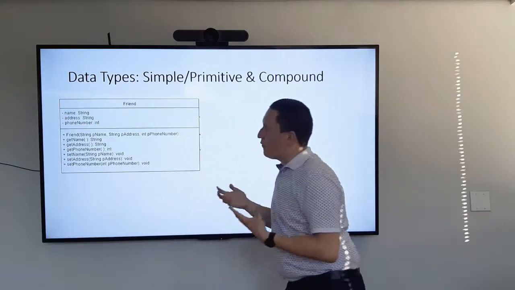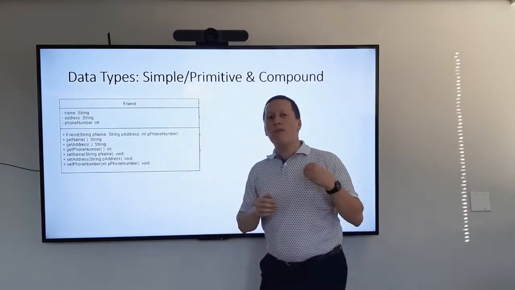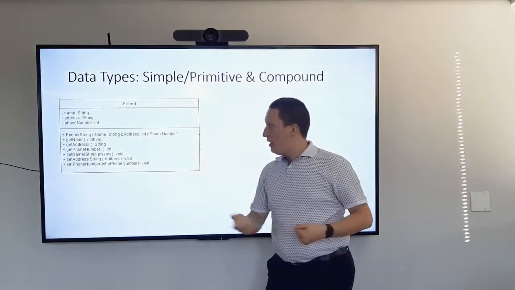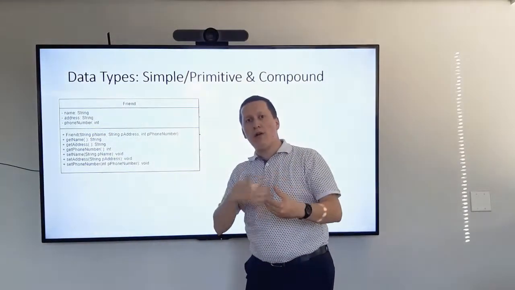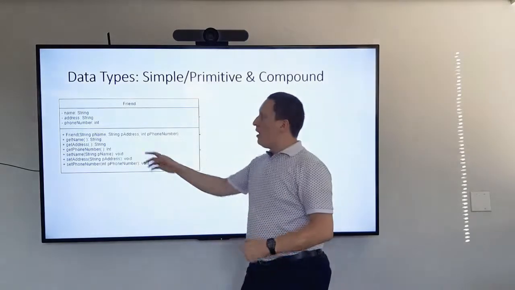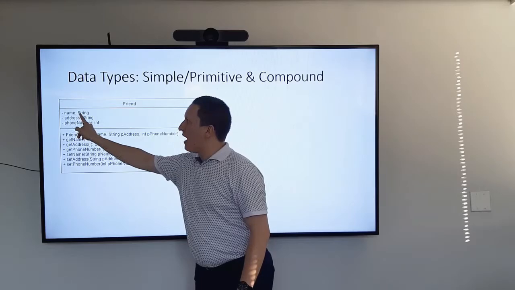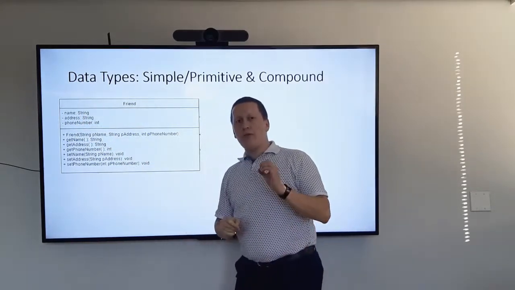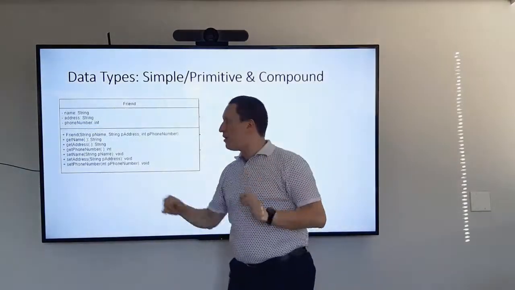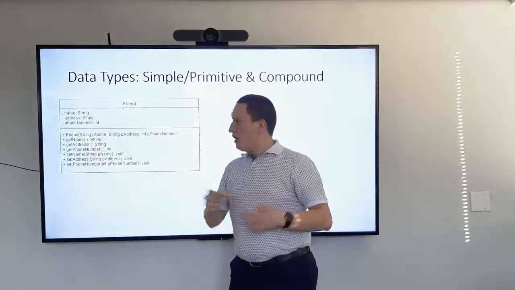So what's happening is that the name and the address are going to be modeled as text. The phone number is going to be modeled as a number, a numerical element. Also, string starts with a capital S, while int refers to the first letter, the i, in lowercase.